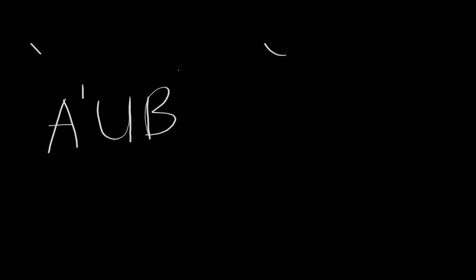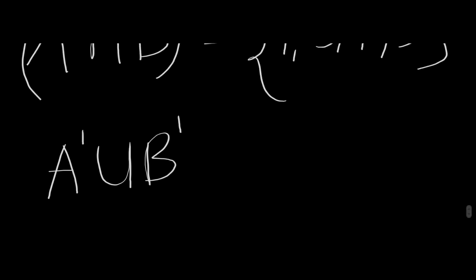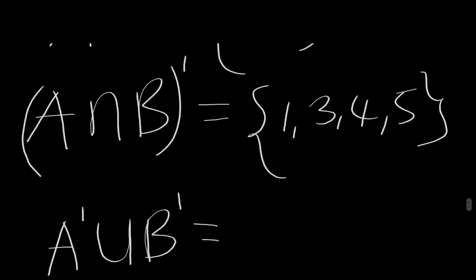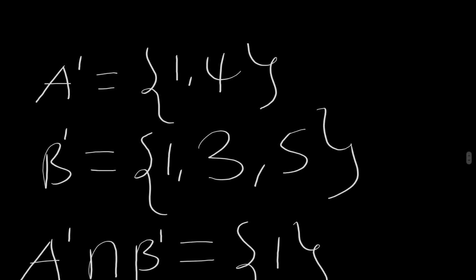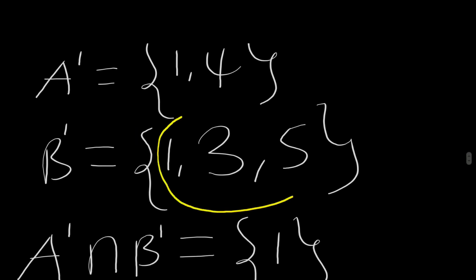Let's now find A prime union B prime. So it means that we are combining the elements in A prime and also the elements in B prime in a single set. So let's check the elements in A prime. In A prime, we have 1 and 4. And in B prime, we have 1, 3, and what? 5.